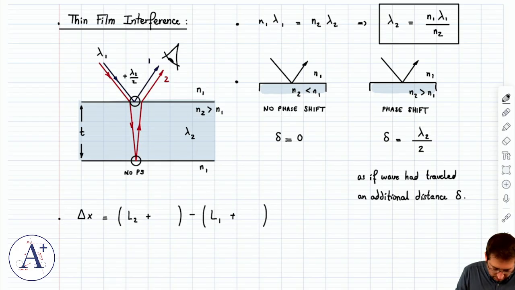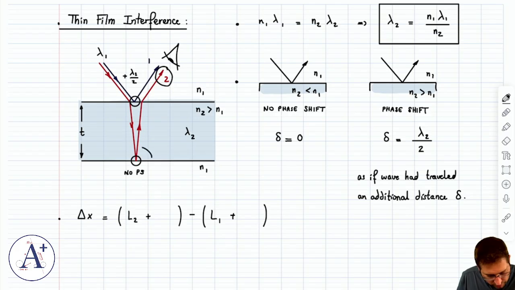Now, in theory, forgetting anything about phase shifts upon reflection, it ought to be the case that if I measure L2 and I subtract L1, I get the path length difference between rays 1 and 2. But because of the phase shift upon reflection, I have to look at each ray separately and say, oh, do I add delta or not?